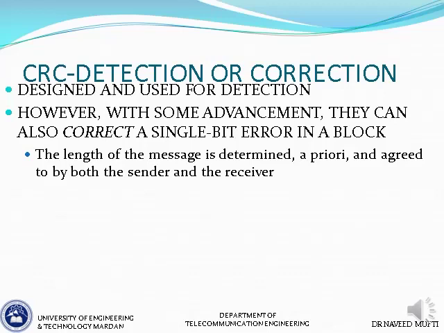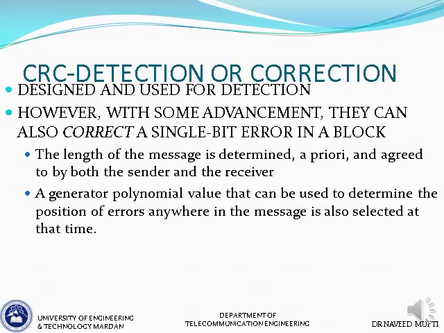So fixed message length will be used. And then secondly, a generator polynomial is carefully selected so that it can be used to determine the position of errors anywhere in the message uniquely. So not every polynomial will do that, because we need a reference table so that we are able to pinpoint the error to its location.